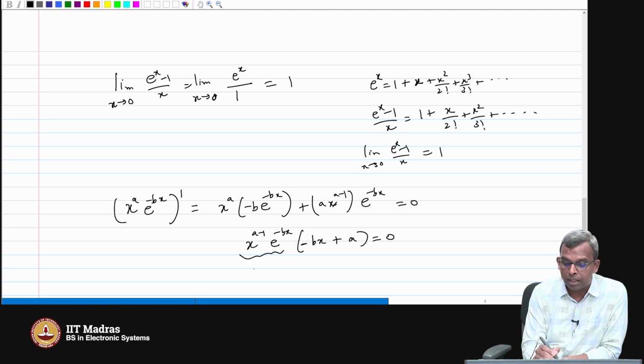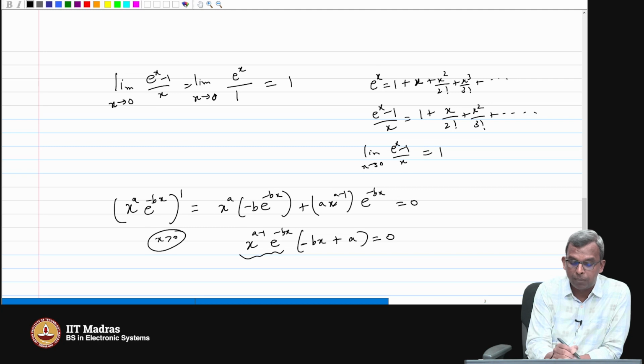The first quantity becomes 0 only when x is 0, and I am looking at x being greater than 0 generally. So this quantity is not equal to 0 for any positive x. So the only way this can be 0 is x equals a/b.